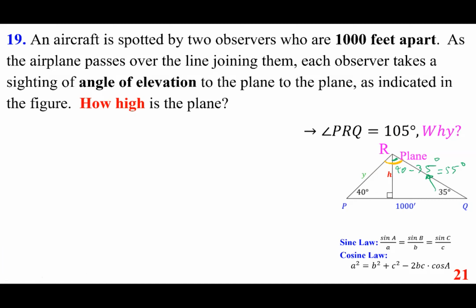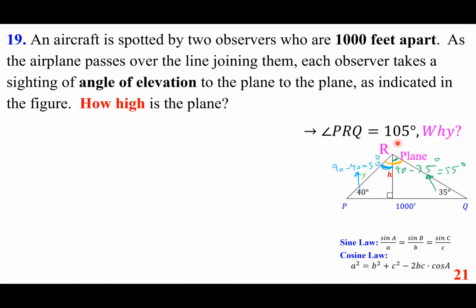And this one is 90 minus 40, which makes it 50 degrees. And the yellow one is the sum of the two, which is 105.